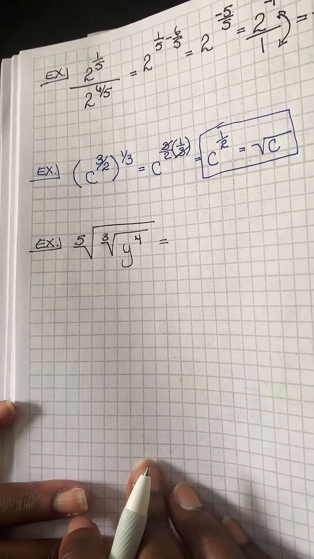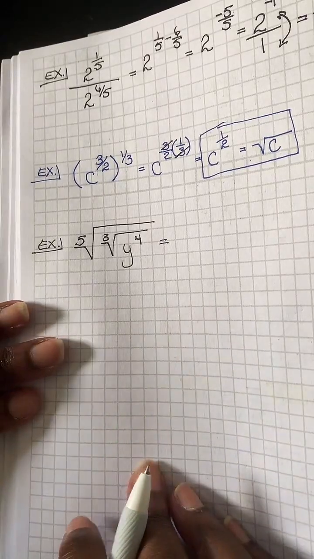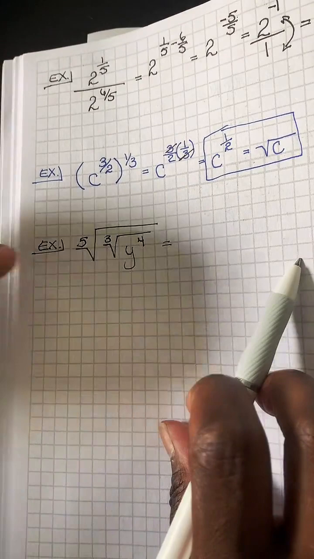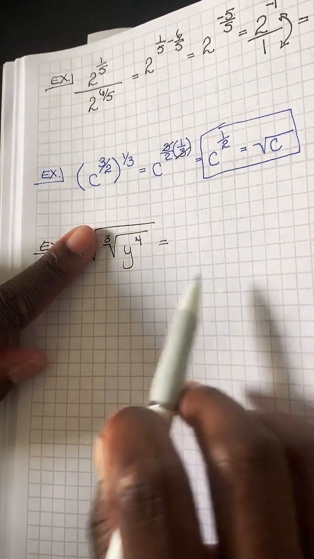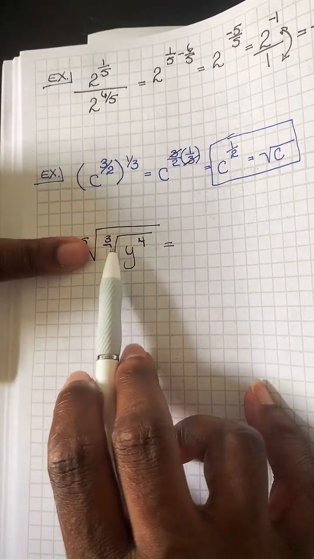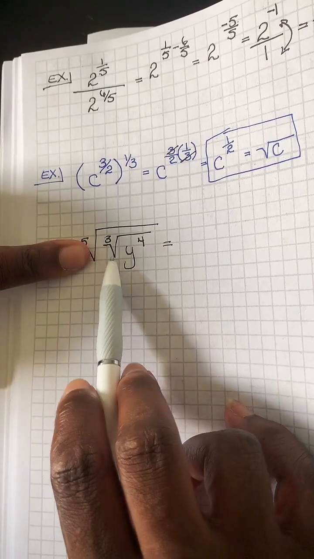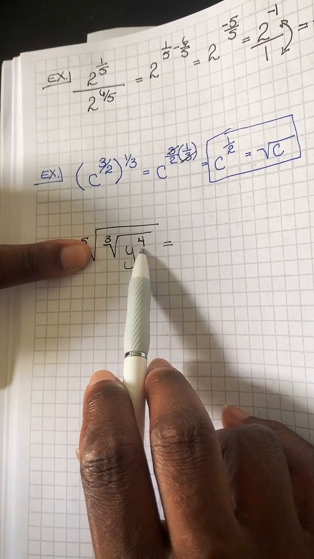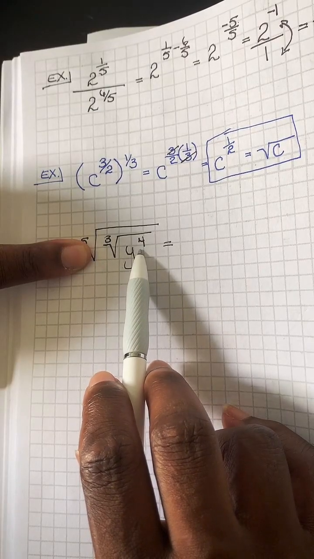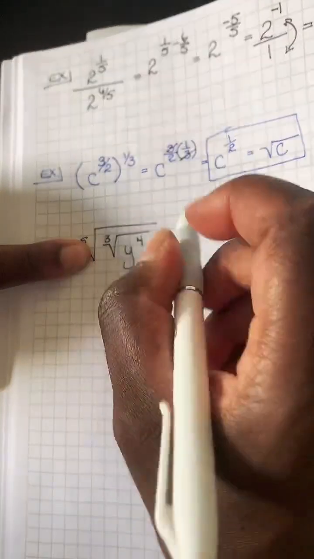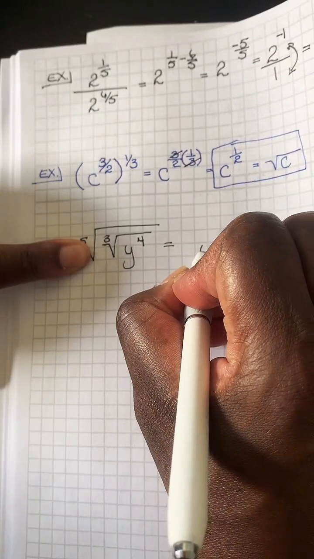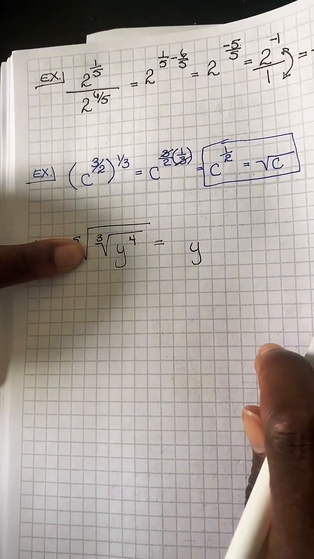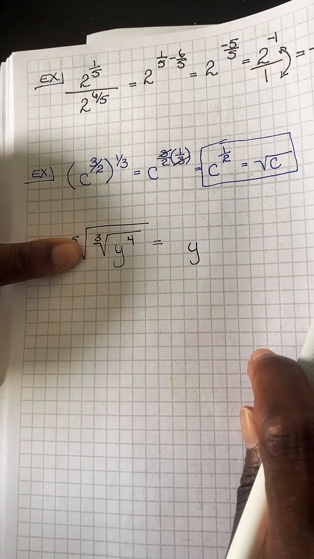Okay, ready? Let's work from the inside out. So right now, let's ignore this 5th root. So we have the cube root of y to the 4th. If I can change that to an exponent, what would it look like? Y raised to the what power?